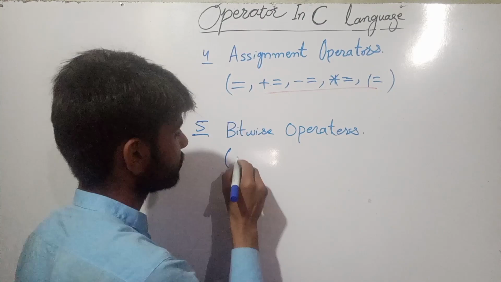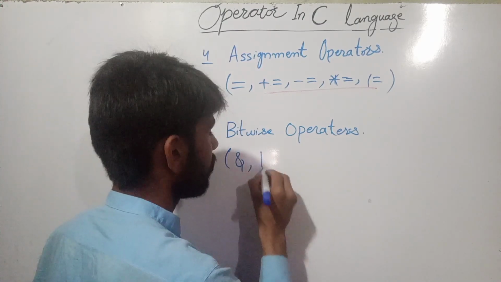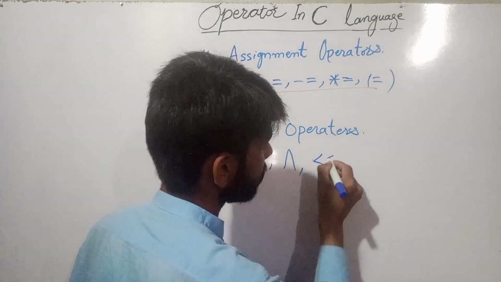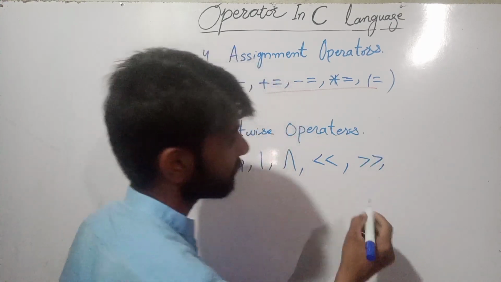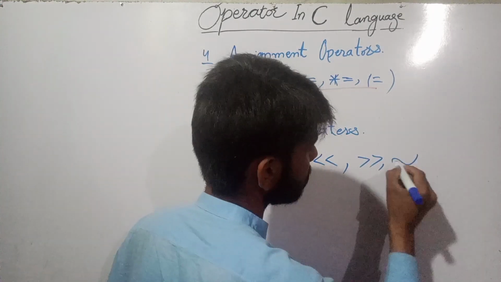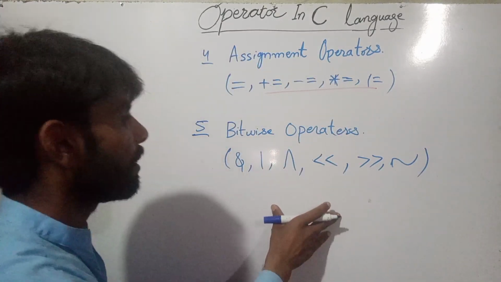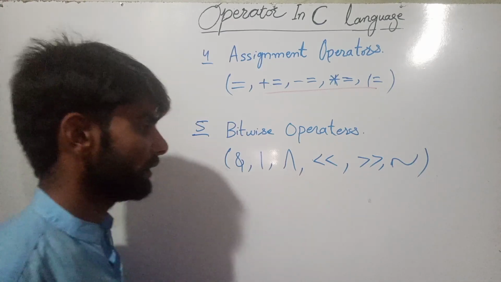These operators are the AND operator, OR operator, XOR operator, left shift, right shift, and NOT operator. So these are bitwise operators that are used in binary language, right?